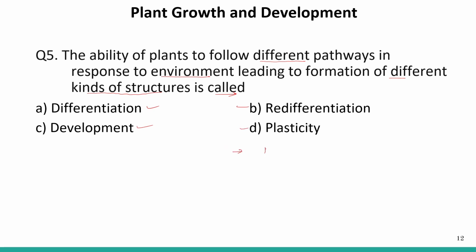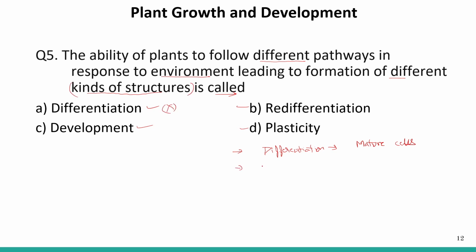Differentiation of the undifferentiated cell will lead to the formation of mature cells with specialized function and characteristics. Okay. But there is no formation of different kinds of structures. All right. So this option is not correct.